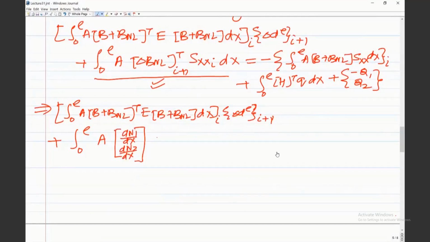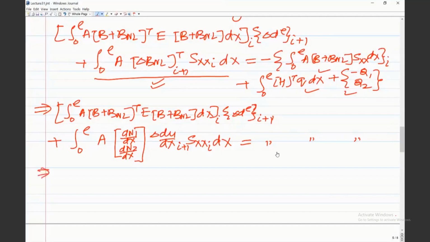This term is evaluated at the i plus 1th iteration, and then you have Sxx which is evaluated at previous iteration, dx. So this is what you will have; this term is equal to the right hand side. These things will come as it is. So three terms will be there as it is.